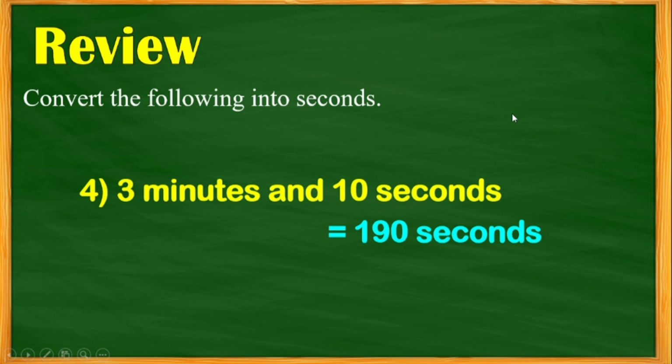Very good, grade 4 pupils. It is 190 seconds, because this time we're going to convert the minutes to seconds. The equivalent of 1 minute is 60 seconds. So 3 times 60 is 180, plus 10, we have 190 seconds.